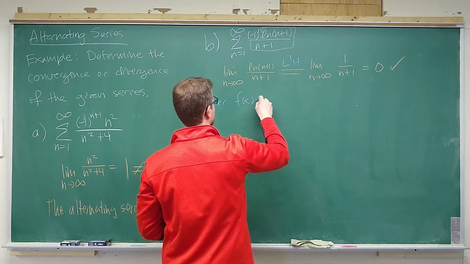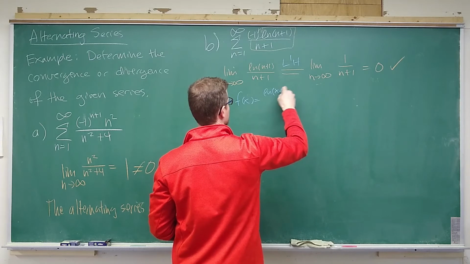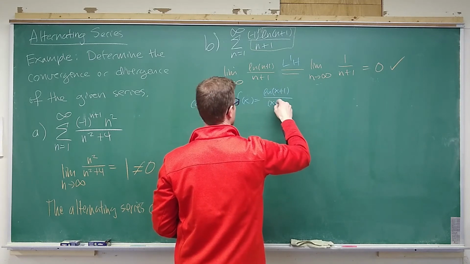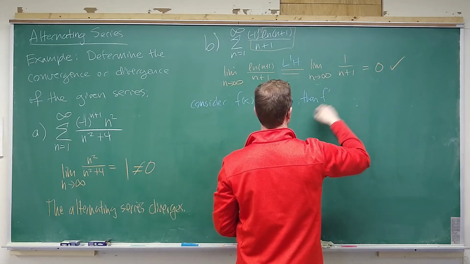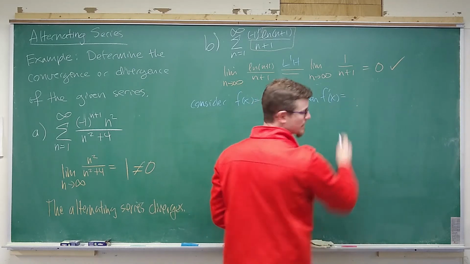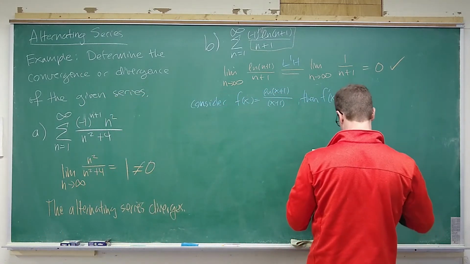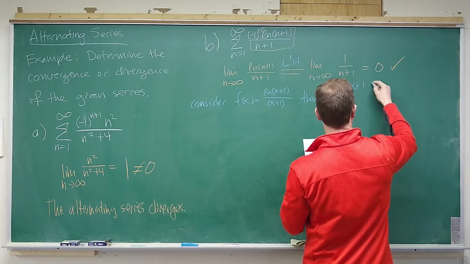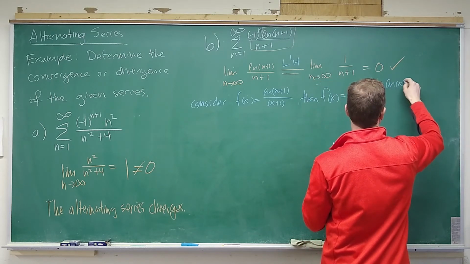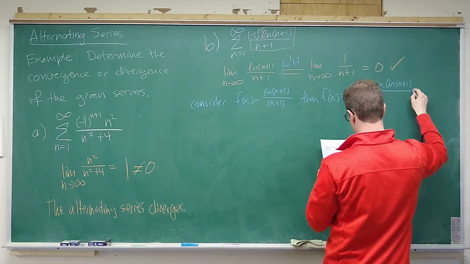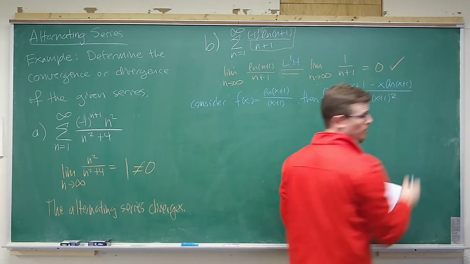f of x given by natural log of x plus 1 divided by x plus 1. Then the derivative, of course you have to use the quotient rule in this case. So the derivative is given by x plus 1 minus x times the natural log of x plus 1 divided by x times x plus 1 squared.